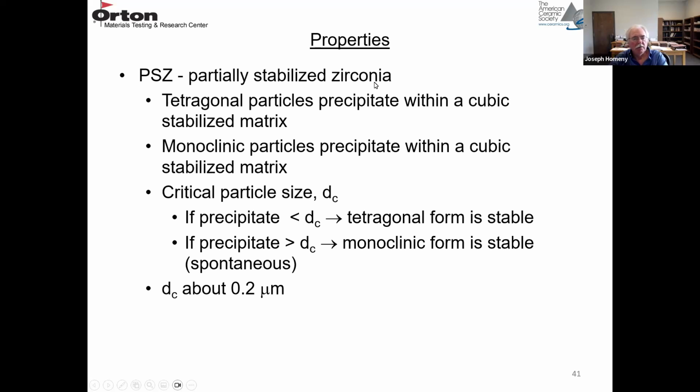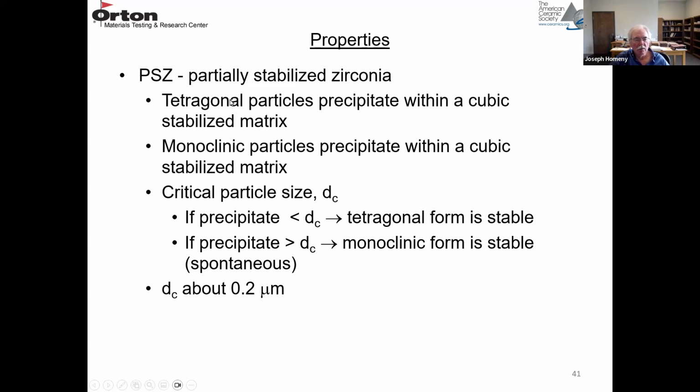The partially stabilized zirconia, I mentioned you can either have tetragonal precipitates or monoclinic precipitates. So you can have these tetragonal precipitates in a cubic matrix that's stabilized, or you can have monoclinic particles that precipitate in the cubic matrix.